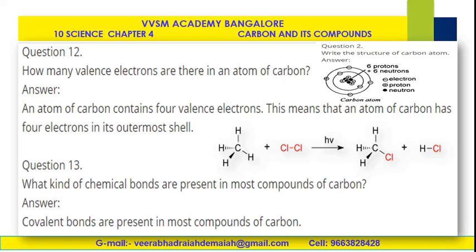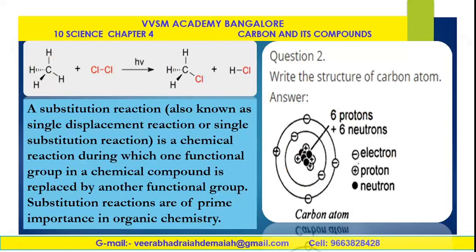What kind of chemical bonds are present in most compounds of carbon? Generally, covalent bonds are present in most compounds of carbon because of the sharing of electrons, forming covalent bonds. The substitution reaction we will study separately in organic chemistry.